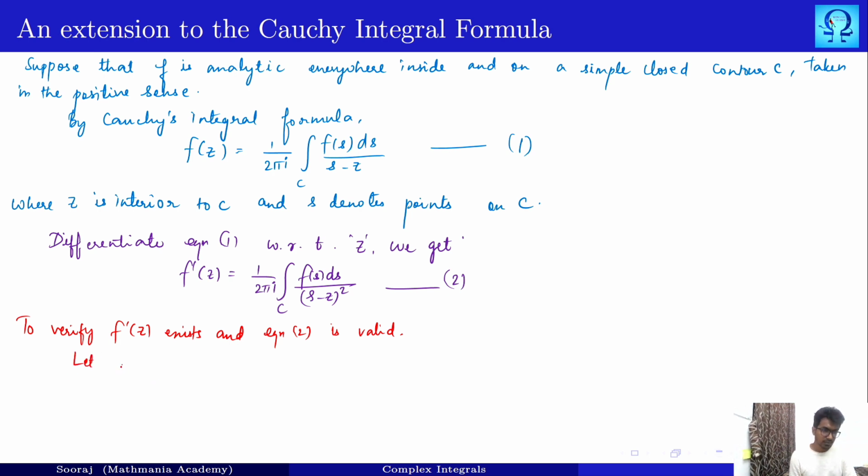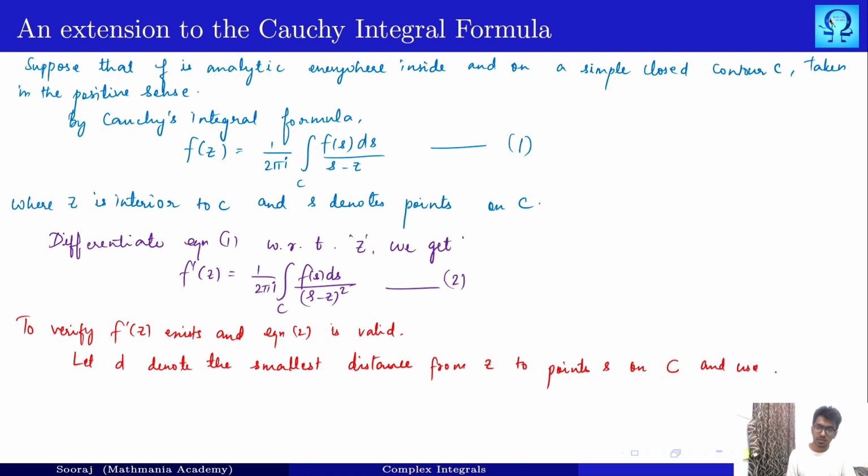Let d denote the smallest distance from z to points s on c, and we are going to use equation 1 to write the following. What is it?